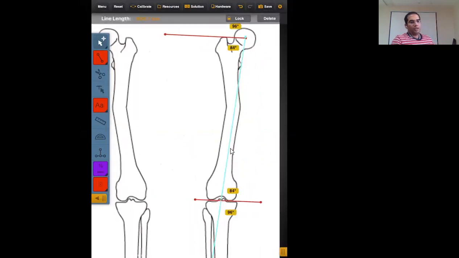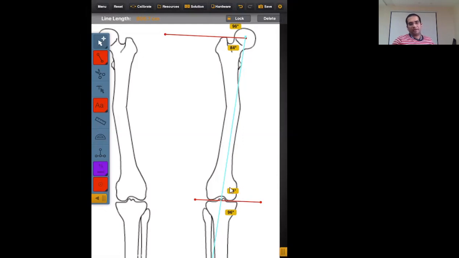Now, the lateral proximal femoral angle is 84 degrees. The normal is 90 degrees. It is not normal. And distally, the lateral distal femoral angle, LDFA, is 96 degrees, while the normal is 88 degrees. So both the readings are abnormal.